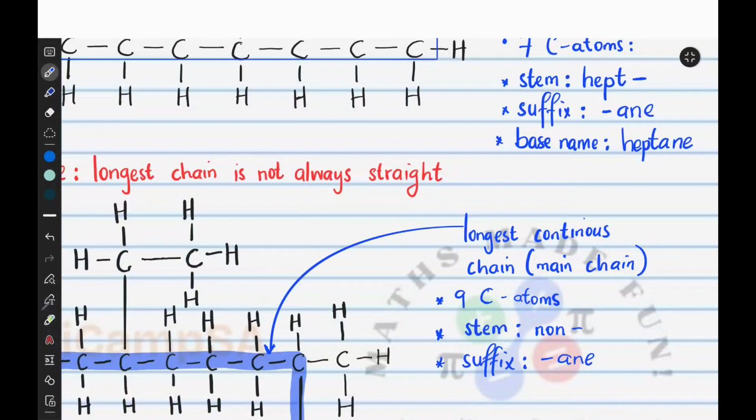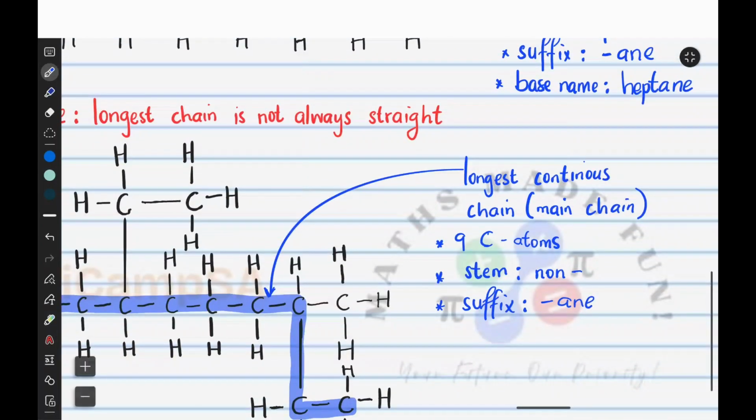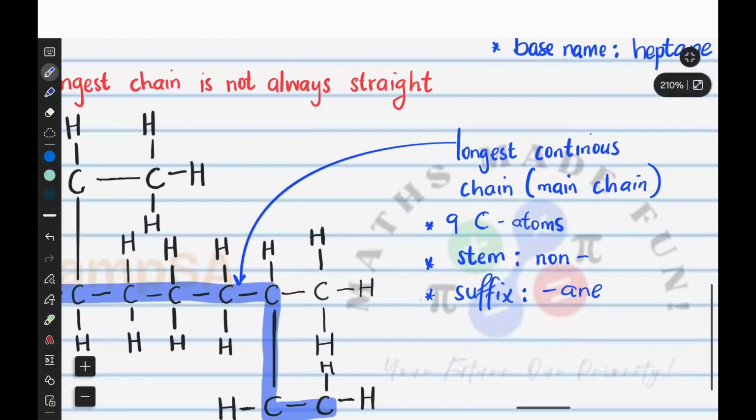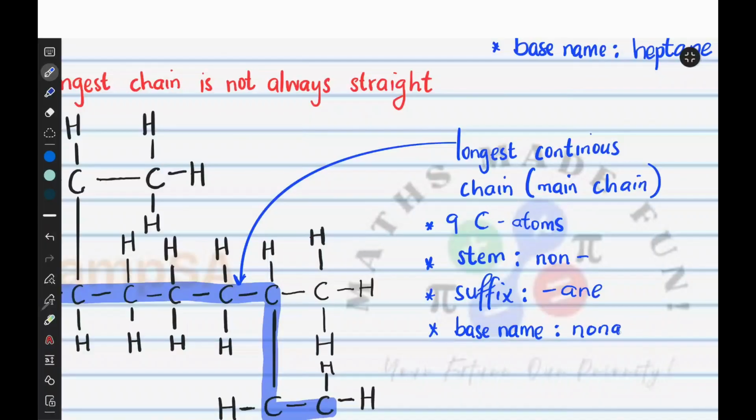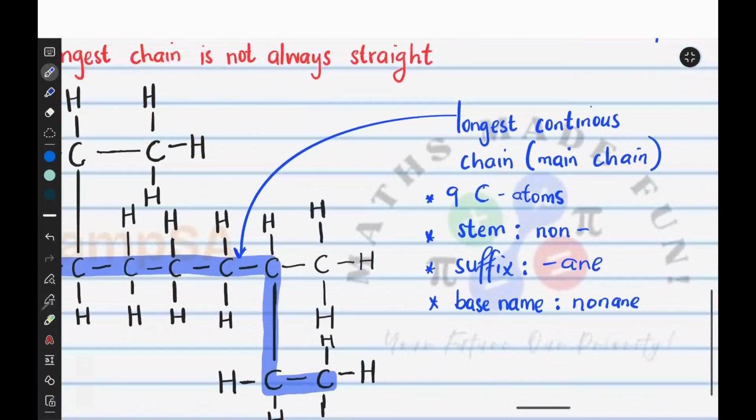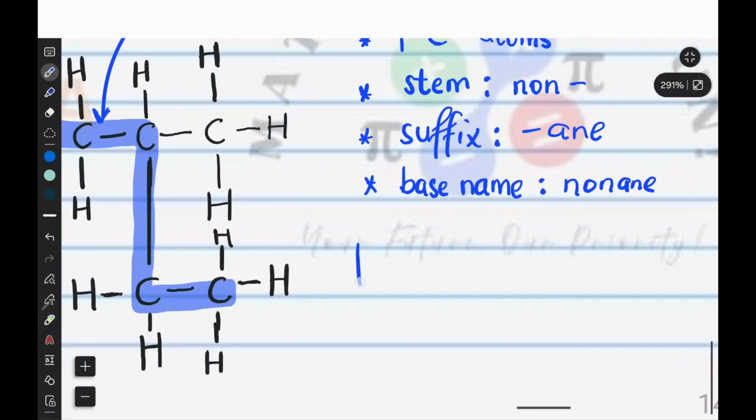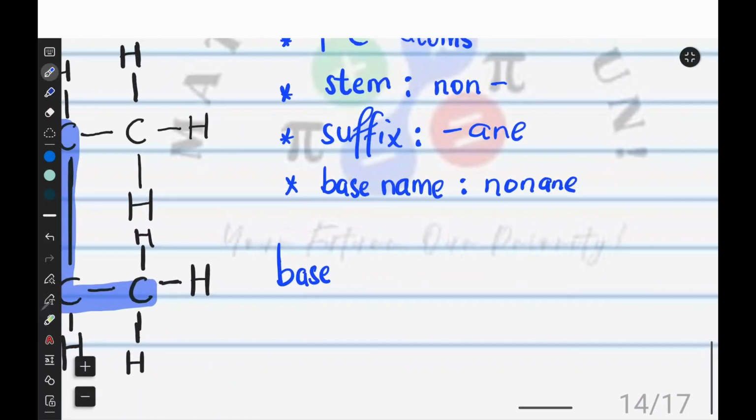And remember, the base name, or the name of the longest chain, is simply the stem plus the suffix, which gives us nonane. Just to clarify, when I say base name, I mean the name of the longest continuous carbon chain.